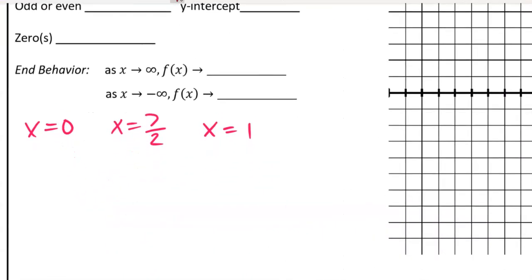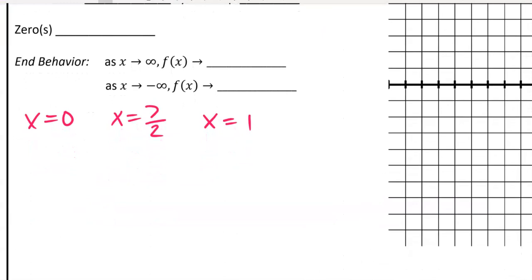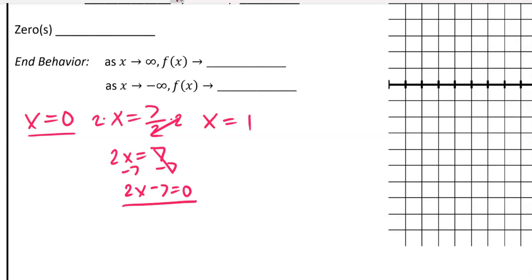Okay, so if x equals 0, that means we just had an x out front. So that's good there. If x equals 7 over 2, that means we would multiply both sides by 2 and then subtract 7. So we have 2x minus 7 equals 0.